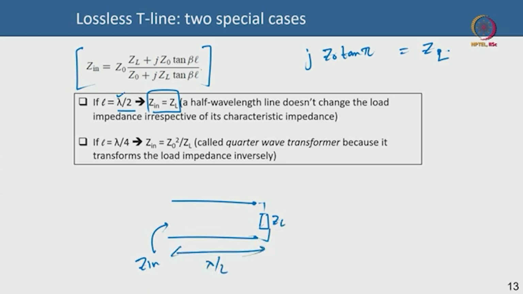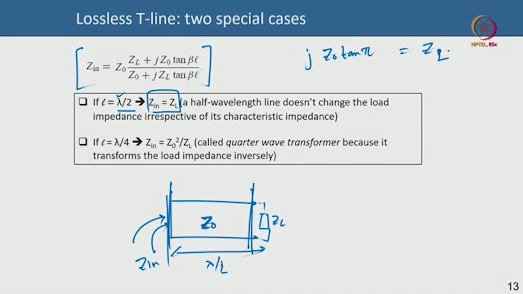So a lambda by 2 length of transmission line does not change the load impedance, irrespective of the characteristic impedance. Z naught does not matter. For any Z naught, when you look into a transmission line whose length is lambda by 2, the input impedance is exactly equal to the load impedance.